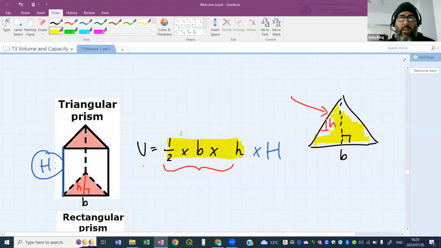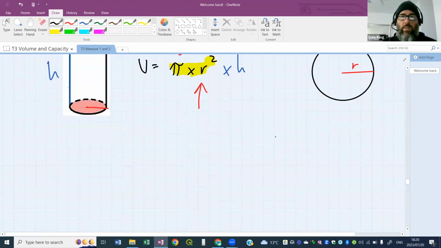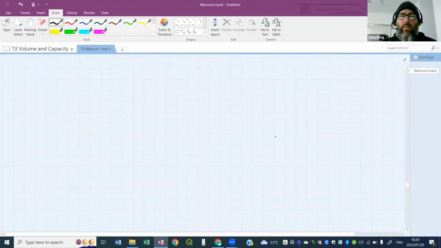You still need to multiply by the height of the triangular prism. So there are two heights in this formula. Be careful, don't let them trick you. They might use a small h and a big H to differentiate. But it doesn't matter which one you put first, as long as you put both into the formula, because with multiplication, order doesn't matter.